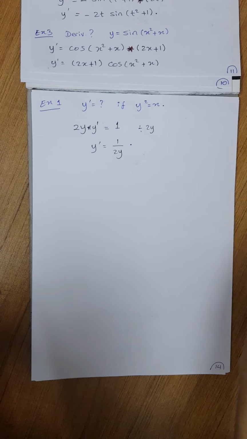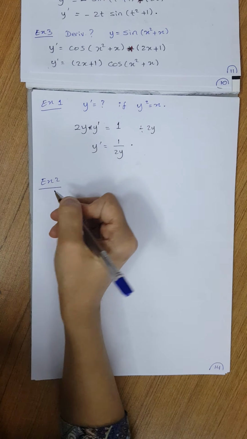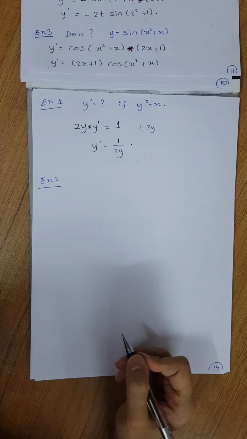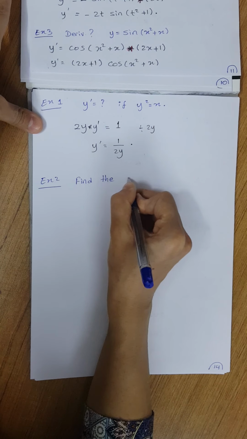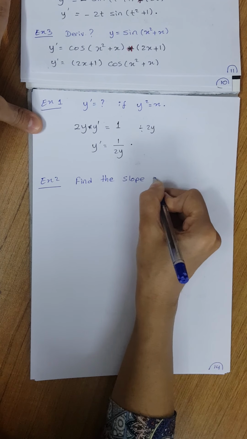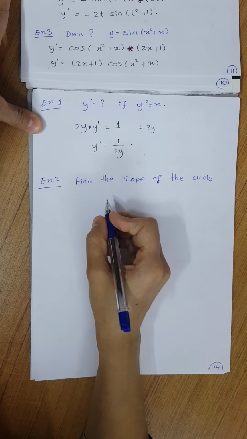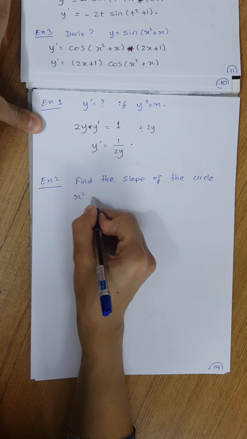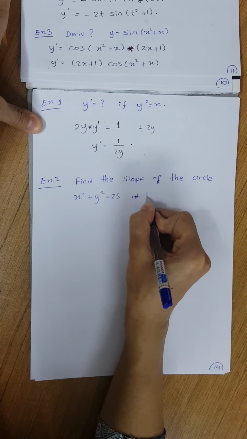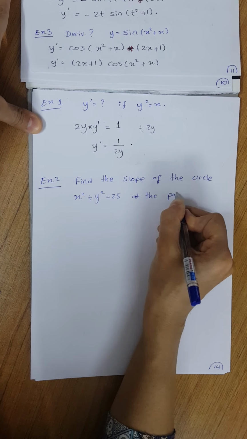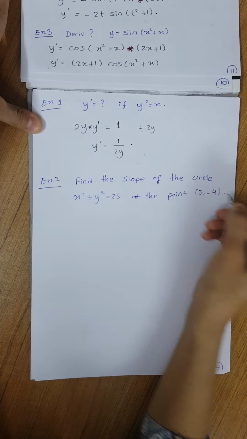We are given another example. It says find the slope of the circle. Let me write it for you. Find the slope of the circle x squared plus y squared equals 25 at the point 3 and minus 4.